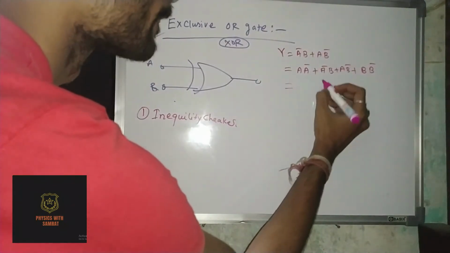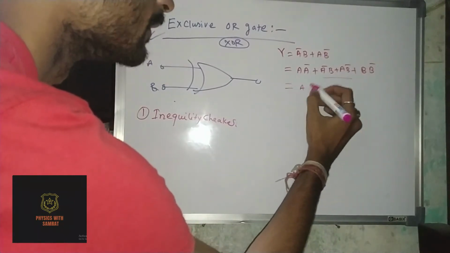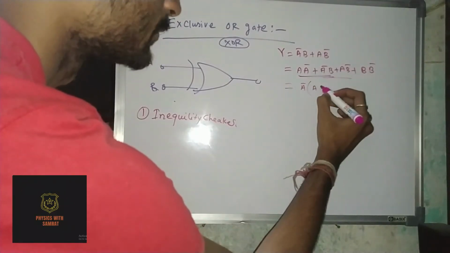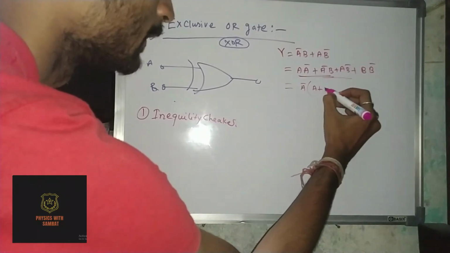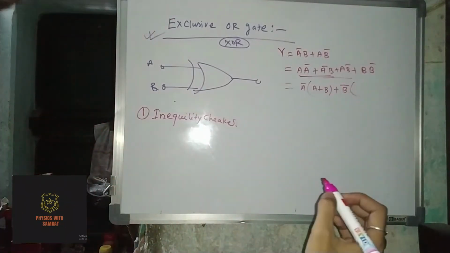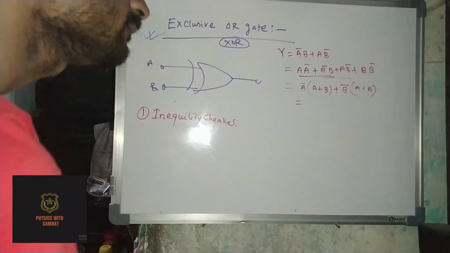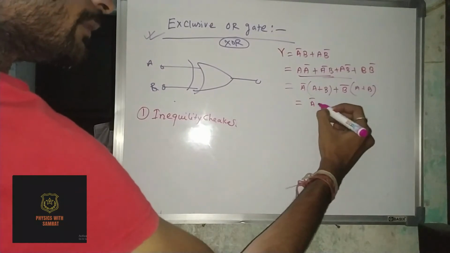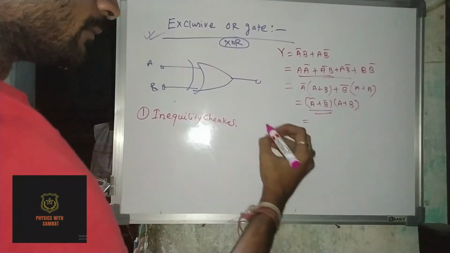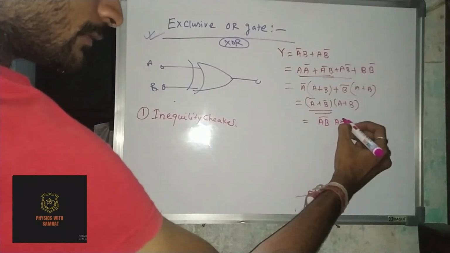So if we take common A bar from these first two terms, we get A plus B. Okay, and from this if we take outside B bar, we get A bar B. Okay, so A bar B bar, AB, and by applying De Morgan's theorem we can write this way.